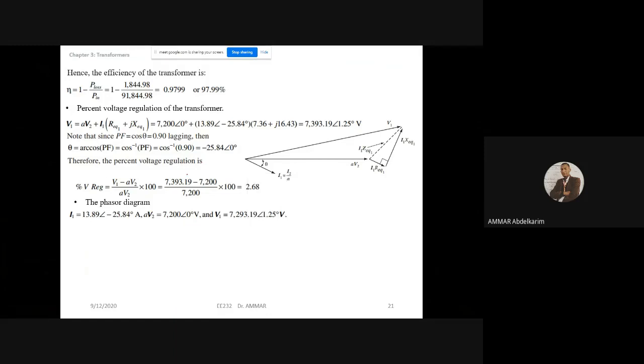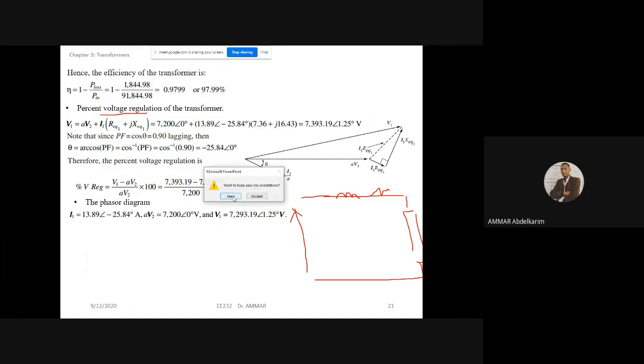Here the circuit is referred to the primary, and of course we have a load. So this is the primary voltage: V1 equals a V2, which is the secondary voltage referred to the primary, plus the voltage drop of the internal impedance.